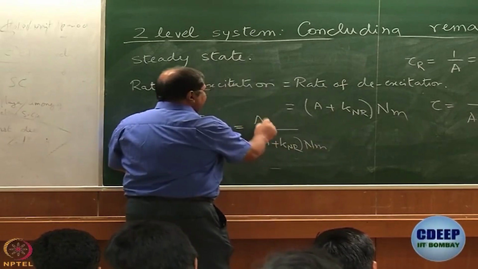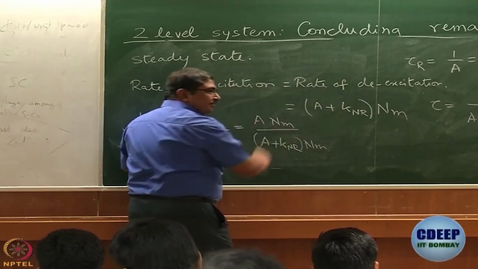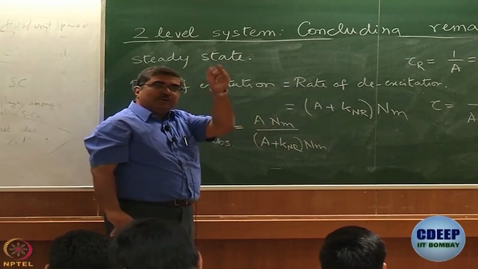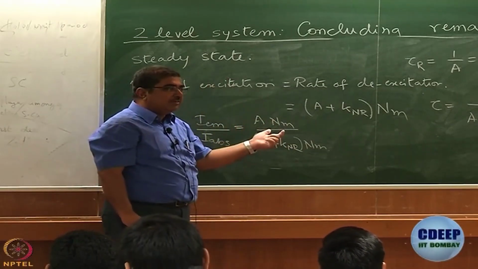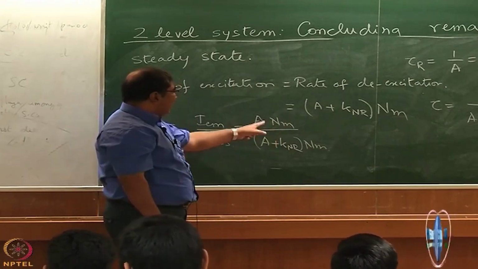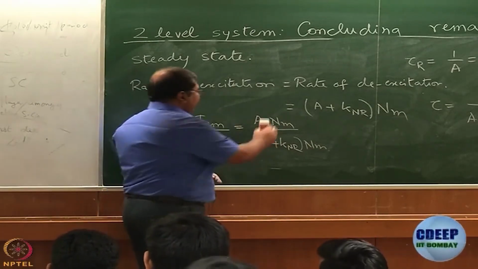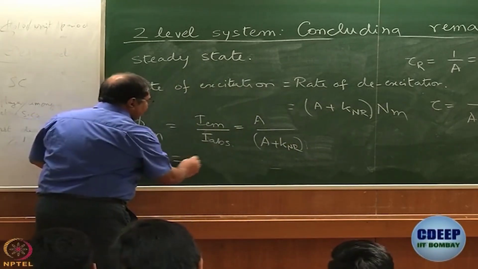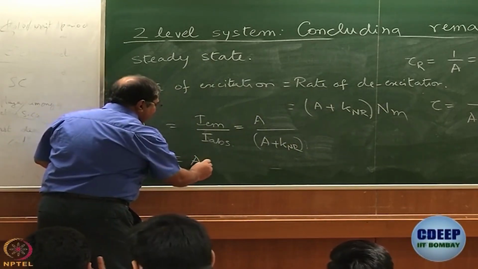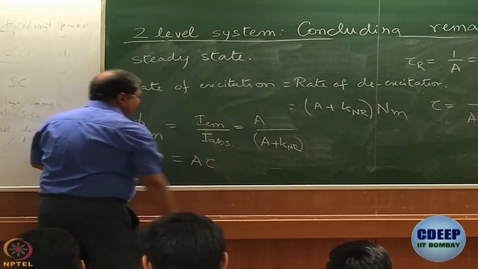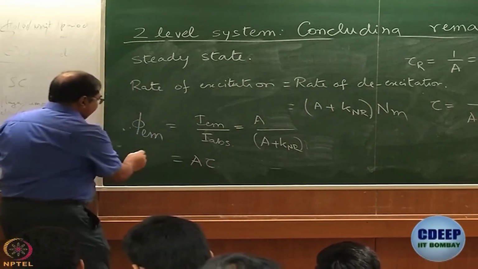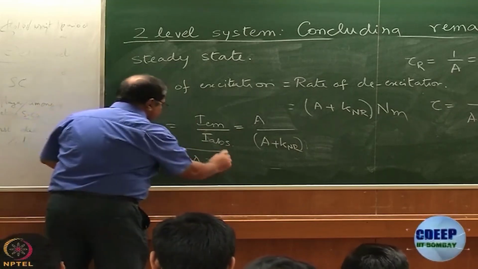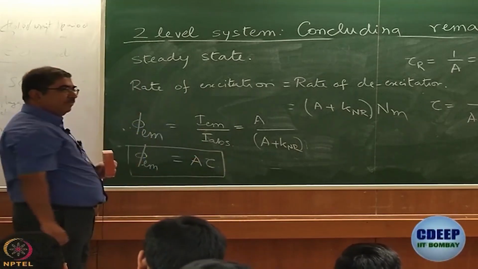It is A into Nm. Right? For rate of emission you have to only look at the emissive channel. You have to neglect the non-emissive channel. So A Nm divided by A plus KNR Nm. Nm and Nm cancel. What are you left with? You are left with A multiplied by tau. Okay? Phi em is equal to A multiplied by tau.